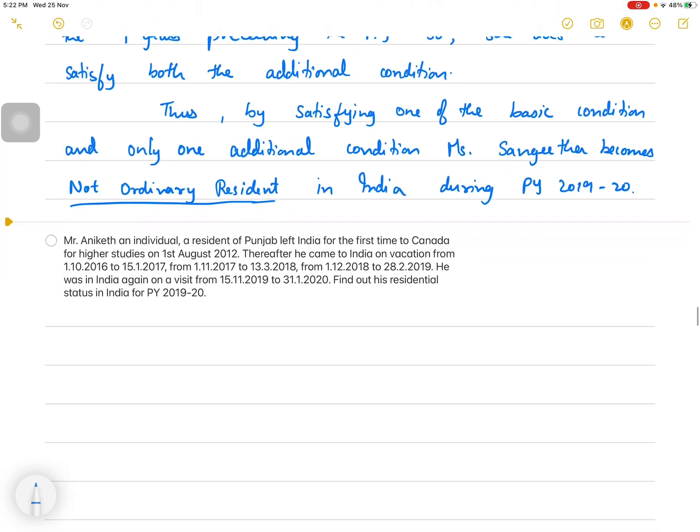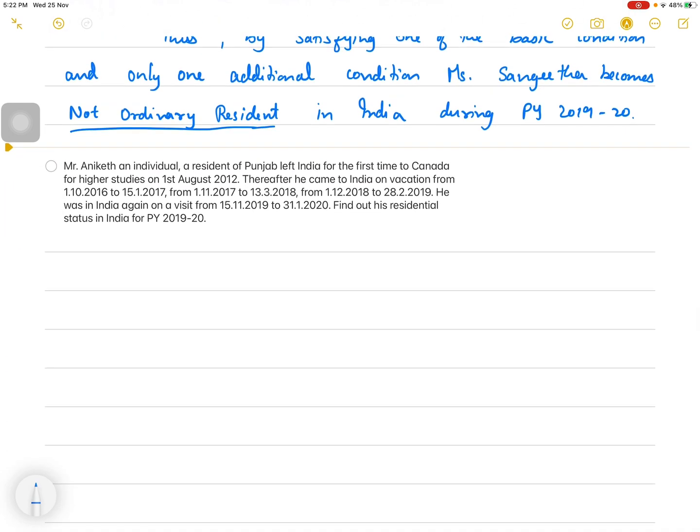Let's see the next question. Mr. Aniket, an individual, a resident of Punjab, that means resident of India, left India for the first time to Canada for higher studies on 1st August 2012.